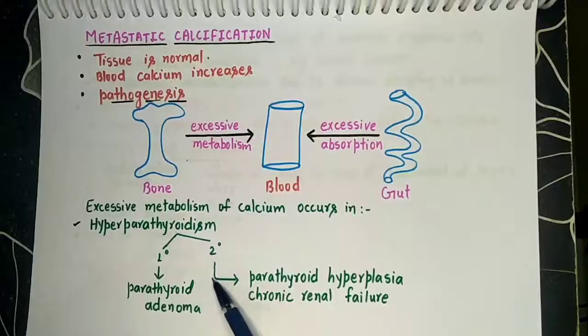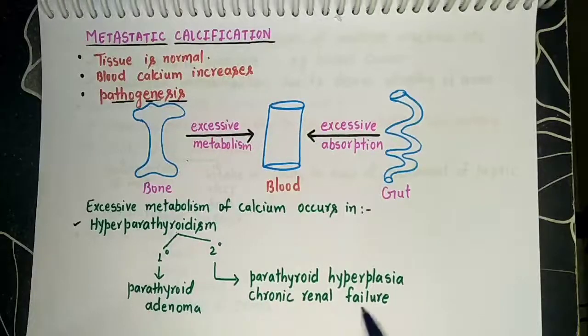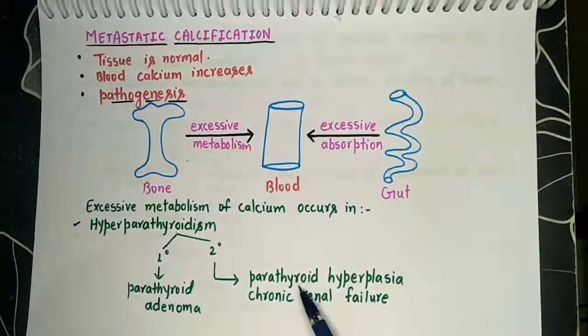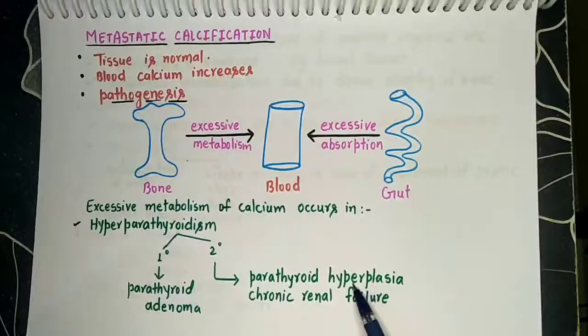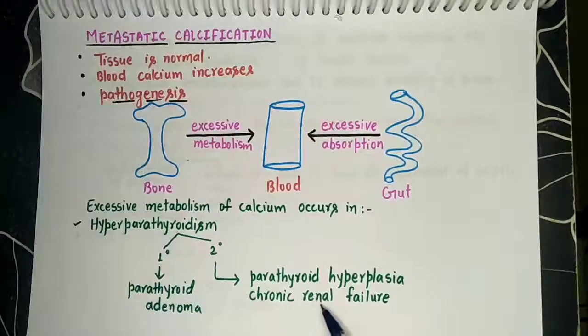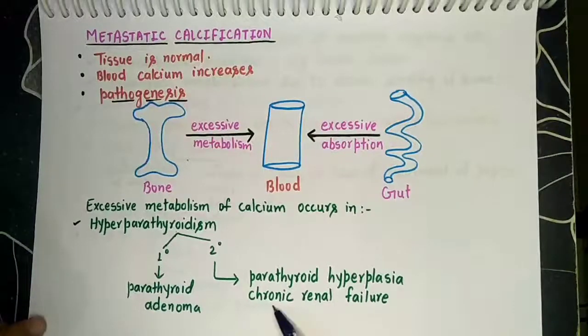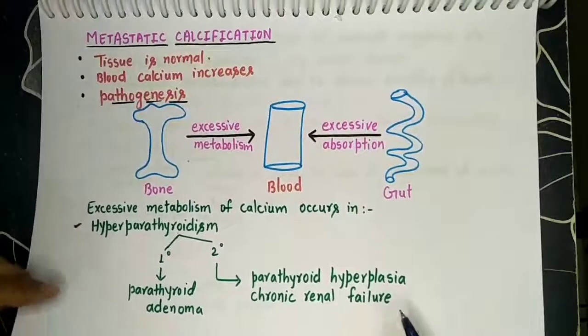And secondary hyperparathyroidism occurs due to parathyroid hyperplasia and chronic renal failure. Parathyroid hyperplasia means increase in the size of the parathyroid gland, and the next cause can be chronic renal failure.